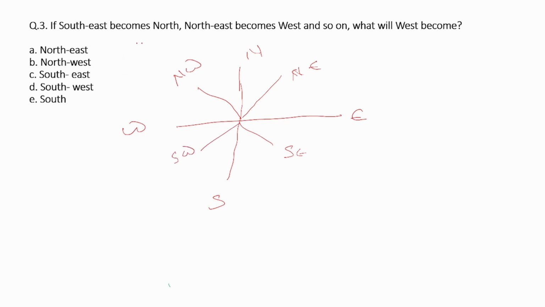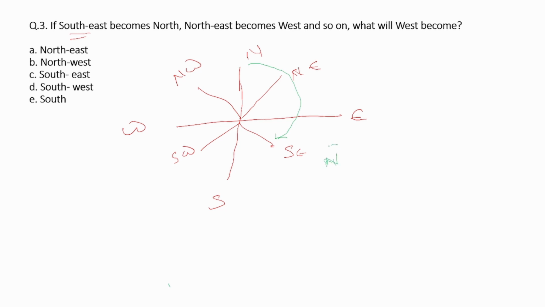So what does the question say? If southeast becomes north, means southeast, this becomes north. Means the north direction moves to this side.